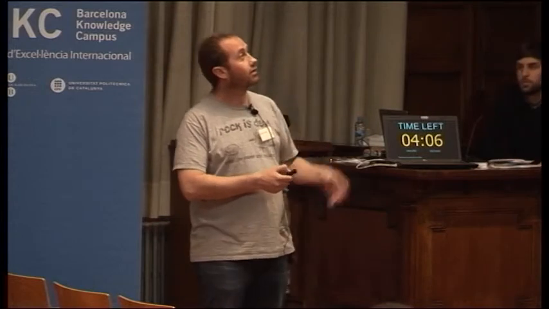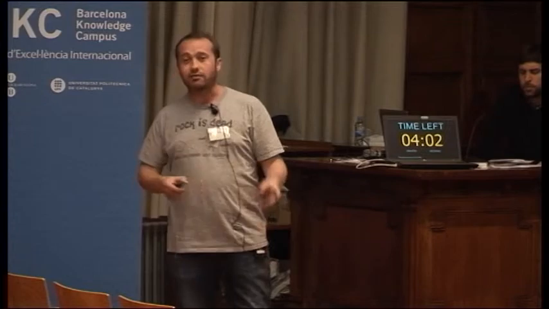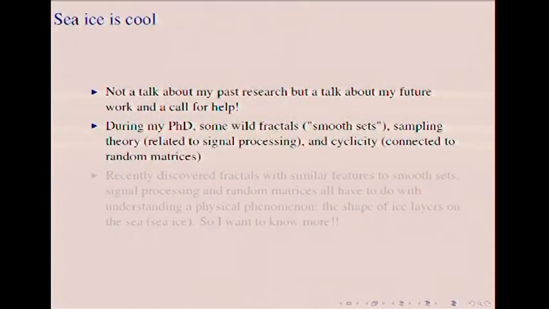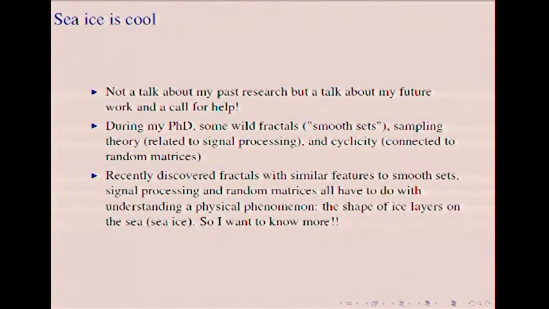I think this could be related with something in my thesis called smooth sets, not invented by me. And also the microscale structure of ice is related with signal processing and random matrices, and this is connected with the other two topics that I've studied in my thesis.